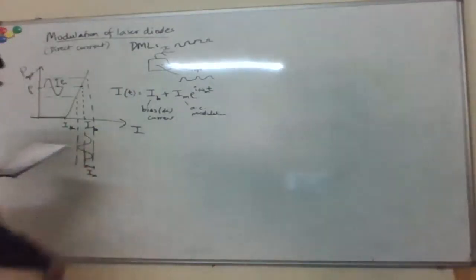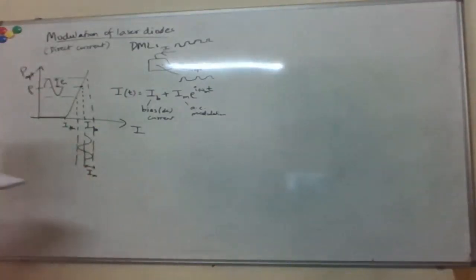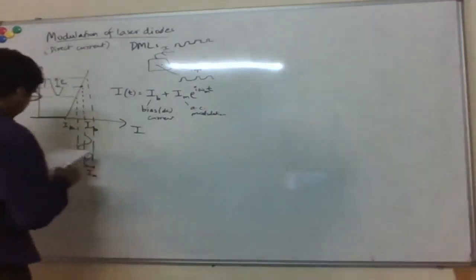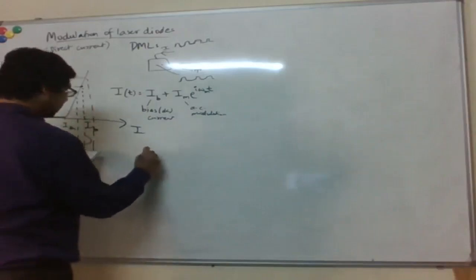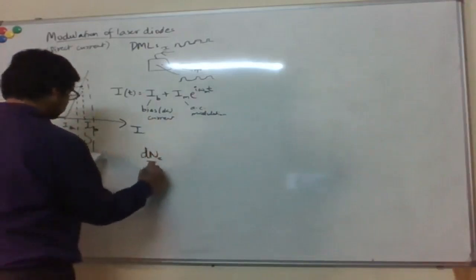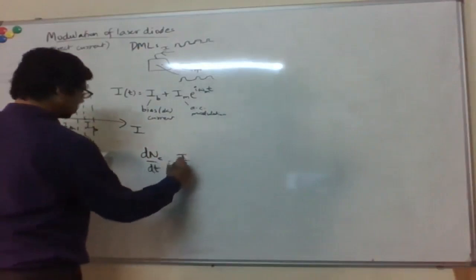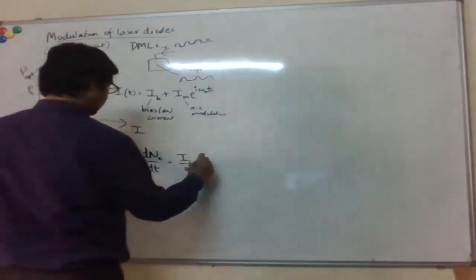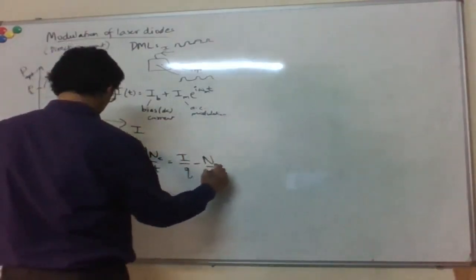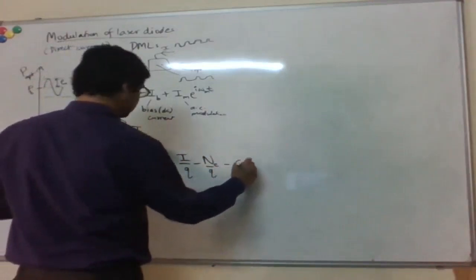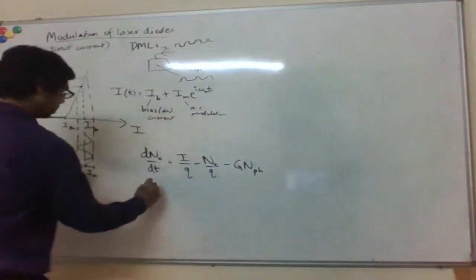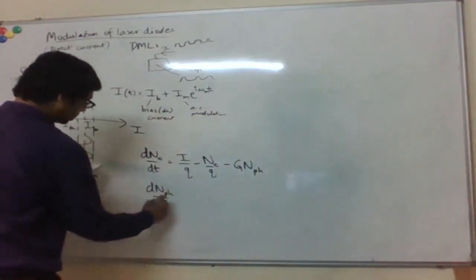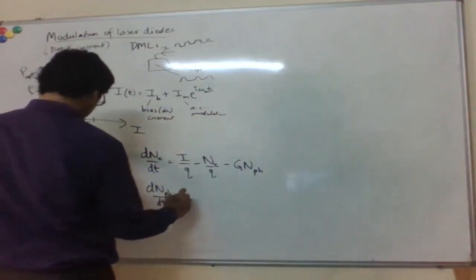Here, of course, the situation is a little bit more complicated. We now have two equations, one for the carriers and one for the number of photons in the laser cavity.